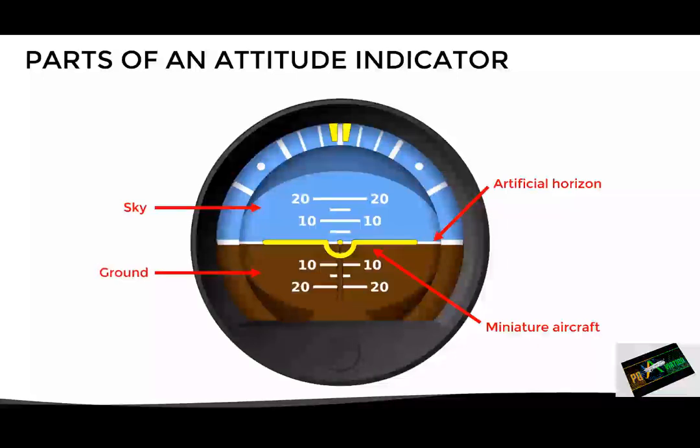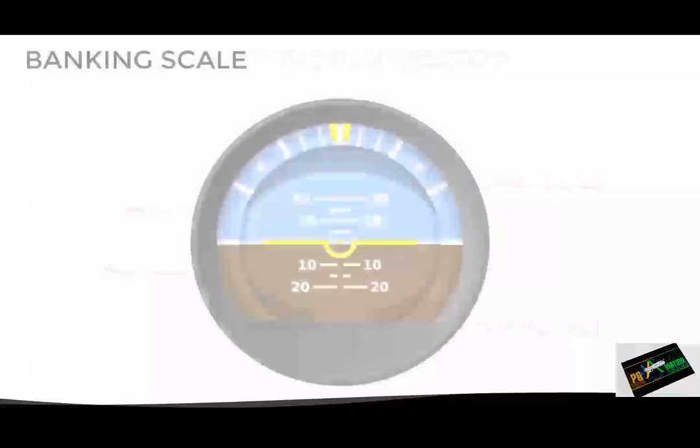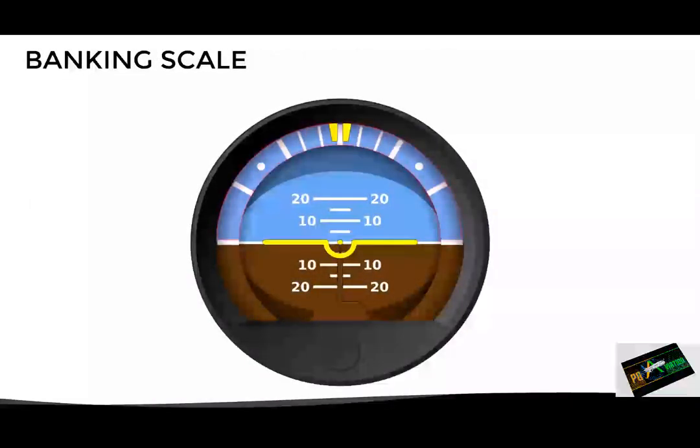Now, as we can see, the instrument has several markings and scales, so let's look at them separately, starting with the banking scale. It is located in the upper part of the instrument, where the current bank angle of the aircraft is indicated by the bank indicator, which in this case is this yellow bug. In this particular example, we can see that the wings of the aircraft are leveled, so the bank angle indicated is 0 degrees.